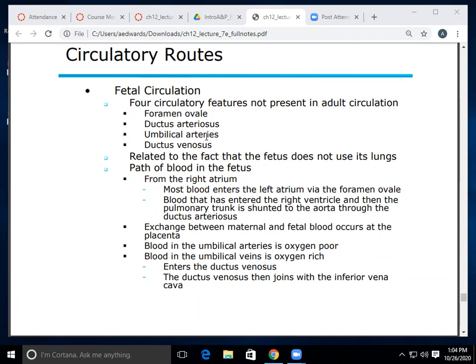Blood that enters the right ventricle and then goes into the pulmonary trunk actually gets shunted toward the aorta, because it doesn't need to go to the lungs. They're not picking up oxygen there. So the ductus arteriosus moves that blood over into the aorta.